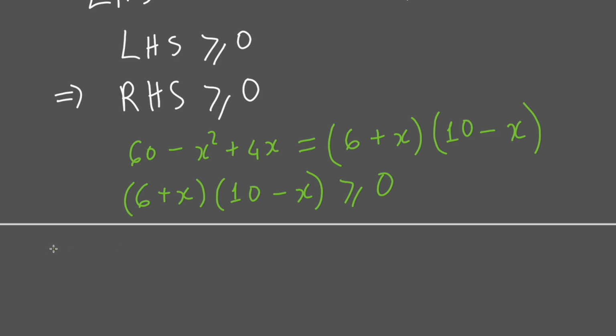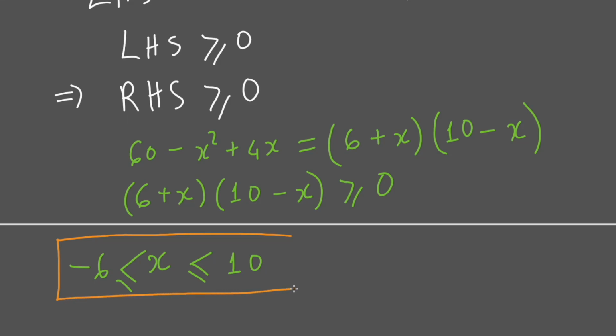Then the domain of x will be between negative 6 and 10. So the first thing we can see is that the condition of x is x greater or equal than negative 6 and smaller or equal than 10.